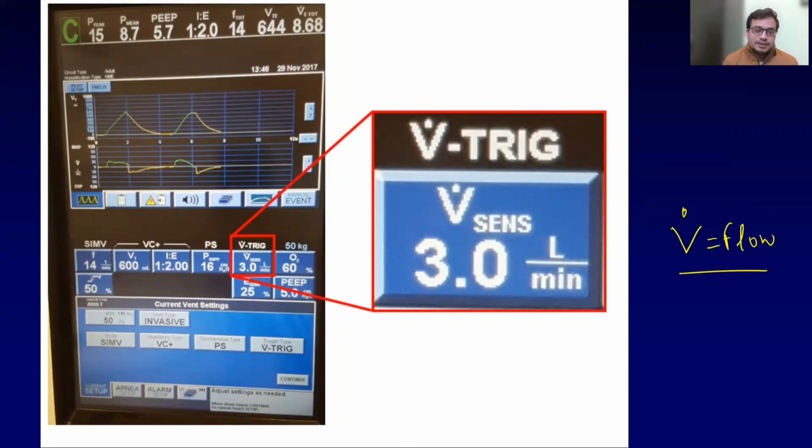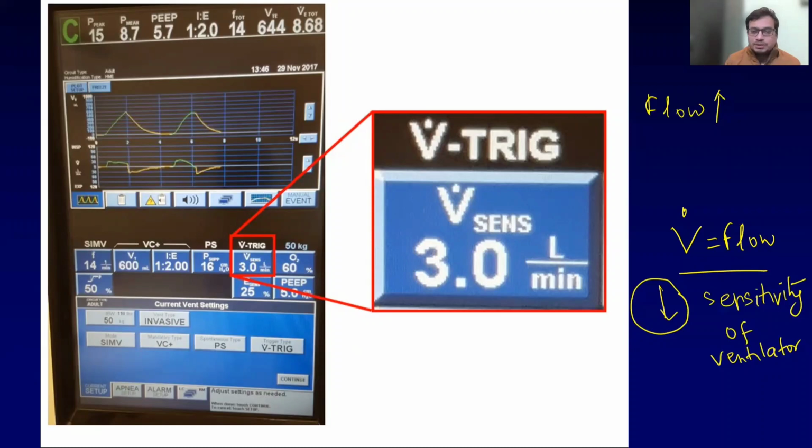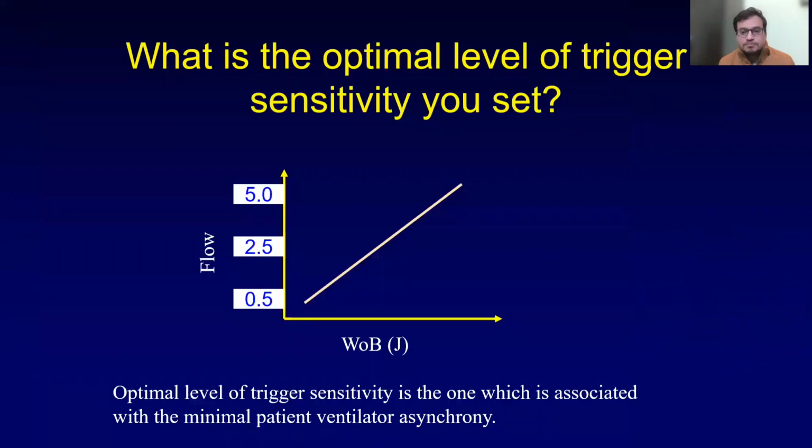If we decrease the flow trigger, the sensitivity will increase and the patient's extra effort, or the amount of energy spent to initiate the breath, will be lesser. That's also one more concept. So the lower the flow trigger, the higher the sensitivity, the lesser the work of breathing, and the patient will appear more comfortable.